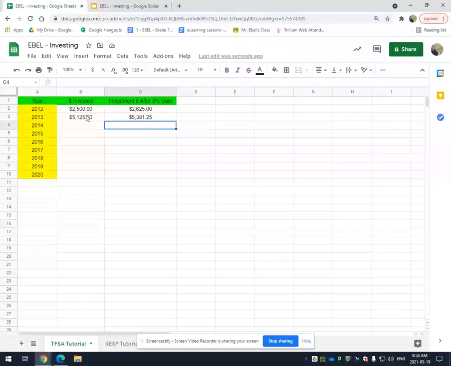Okay, now that you guys get the idea, I'm going to take this one right here, and again, I'm adding 2,500. I take the amount from the previous column at the end, add it to the 2,500 that I'm putting in at the beginning of every year, and there's $7,881.25. I'm going to drag this down now because I know the math.